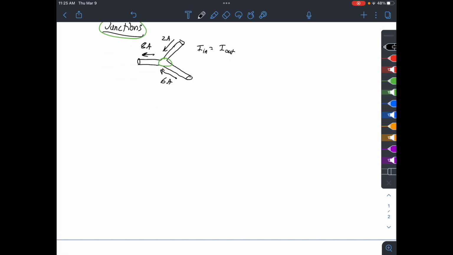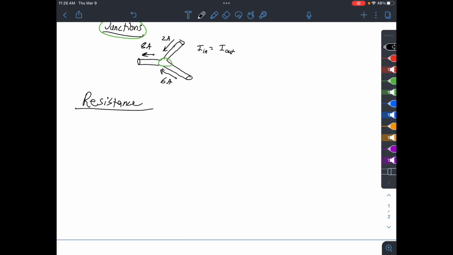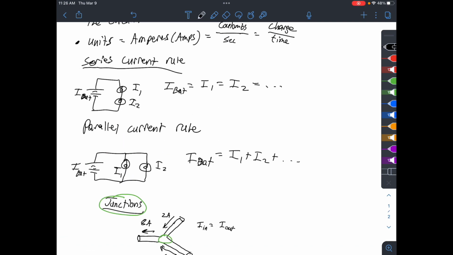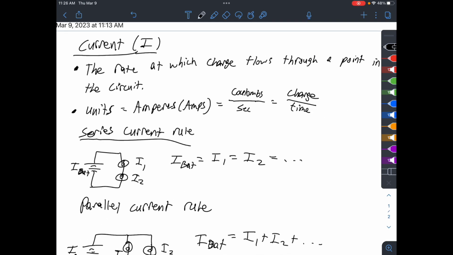Now let's move on to resistance. Okay. So resistance has the abbreviation letter of R, and I guess maybe I should have mentioned up here, right? The units is amps. So this was abbreviated.